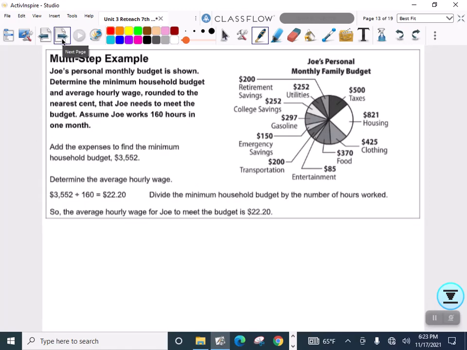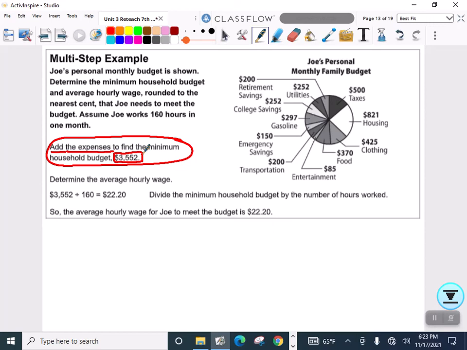So, here's a multi-step example of a budget. If we want to know the minimum household budget, we add the expenses. And that will tell us the minimum household budget. As it turns out, that is the minimum household budget.